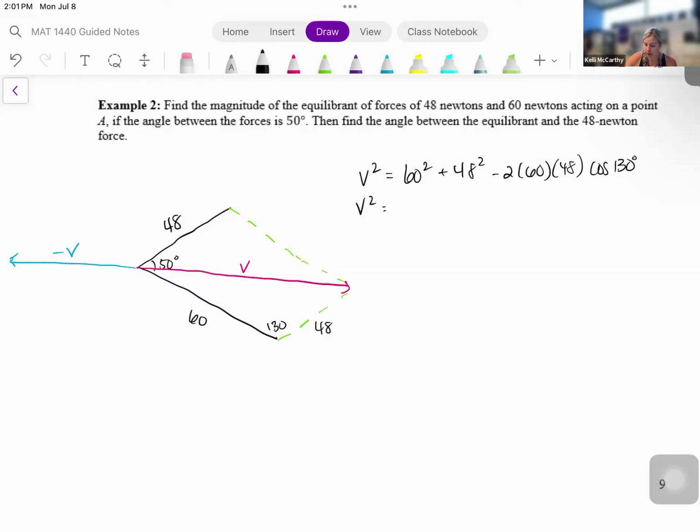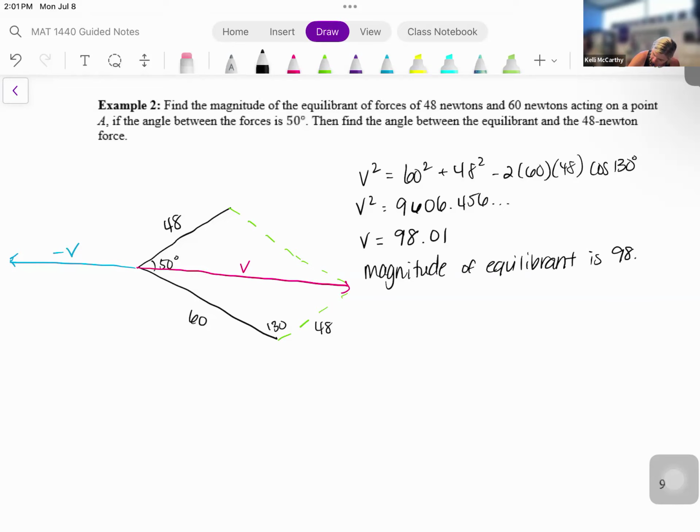That gives me V squared is equal to 9,606.456. That decimal keeps on going. I'm just keeping a record of where I'm at, but I'm actually going to take the square root of the exact value to find the magnitude of the resultant to be 98.01, which is equal to the magnitude of the equilibrant. And this is in newtons as well.